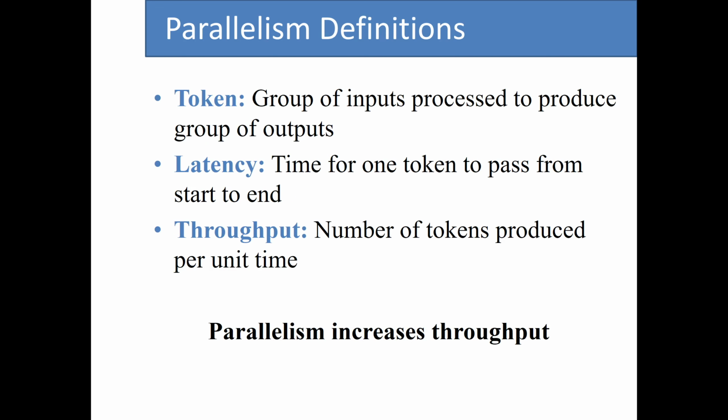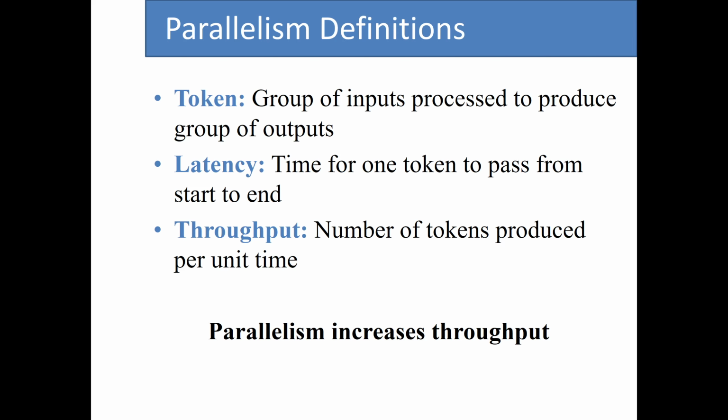Let's go over a few definitions that are commonly used in parallelism. First, we have the definition of token, which is representative of a group of inputs that are processed to produce some group of outputs.